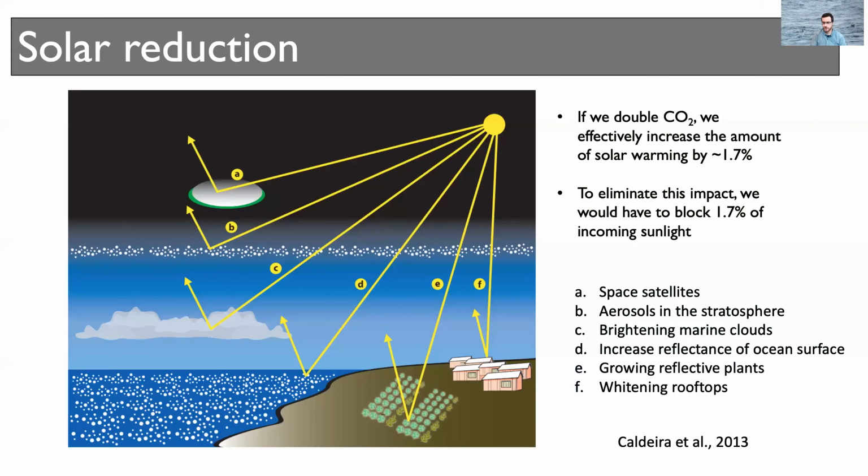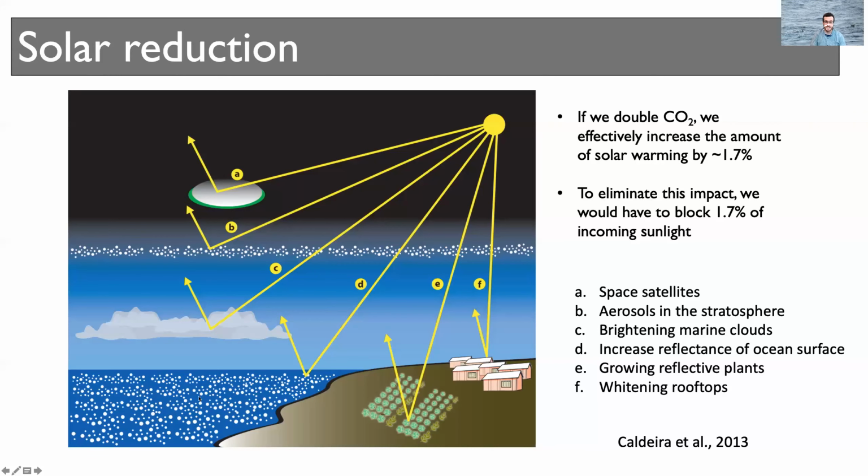There are proposals to try and brighten marine clouds by increasing cloud condensation nuclei. I think cloud dynamics are uncertain enough that those are proposed ideas, but it's not known if that's feasible. Some people have suggested we could increase the reflectance of the ocean surface by putting lots of bubbles into the ocean.